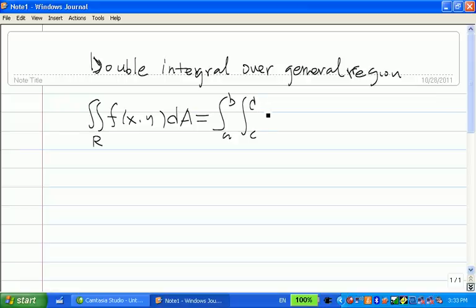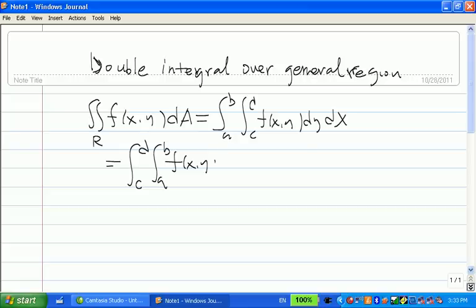The integral from c to d of f(x,y) dy dx, or the integral from a to b of f(x,y) dx dy.